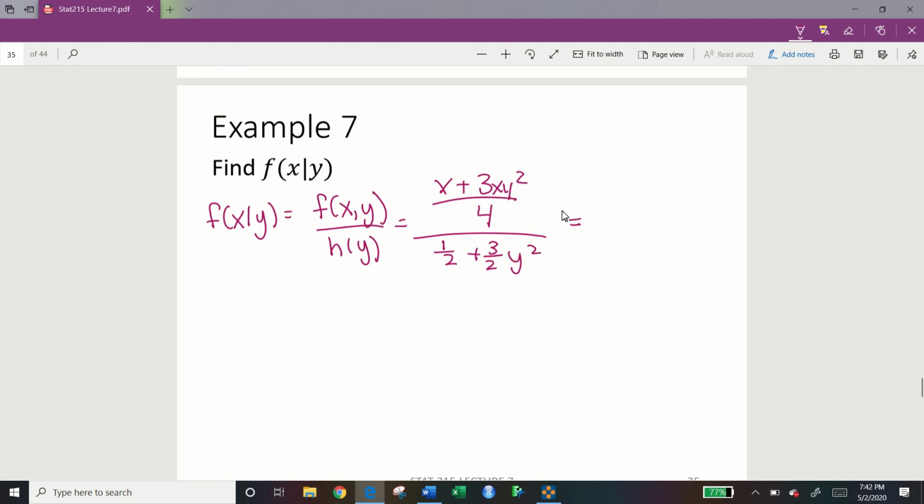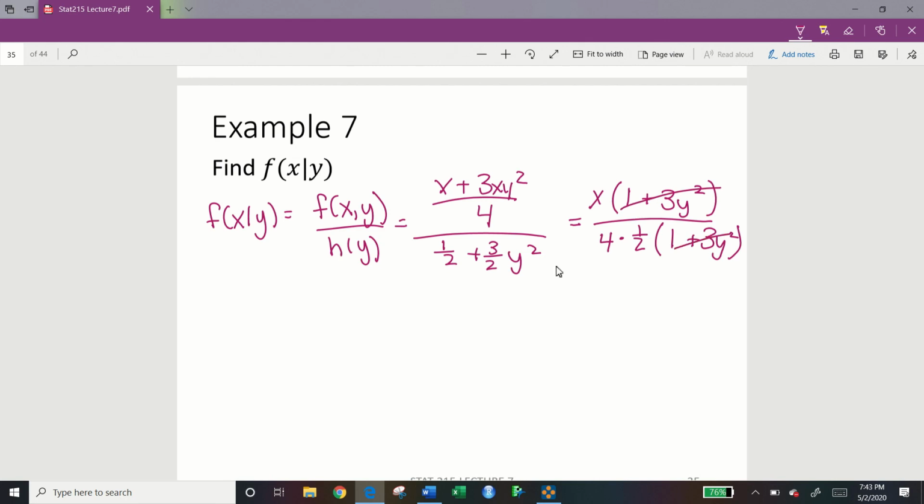Simplify, we can get this to be x multiplied by the quantity 1 plus 3y squared over 4, multiplied by 1/2 multiplied by the quantity 1 plus 3y squared.